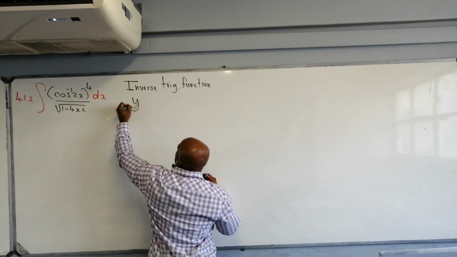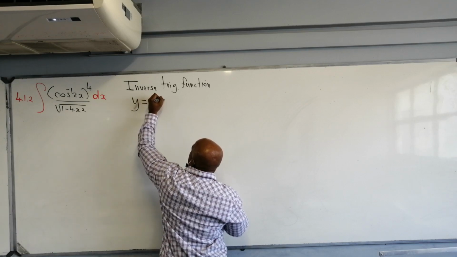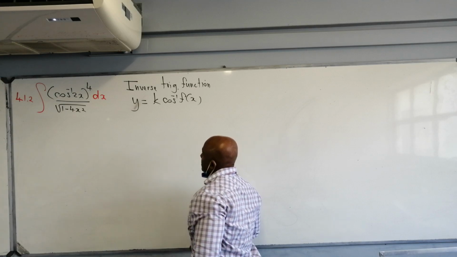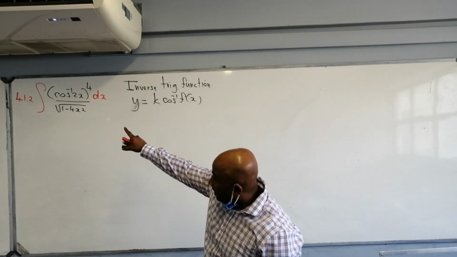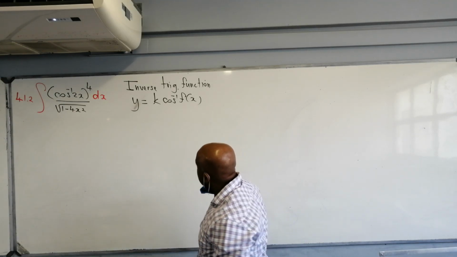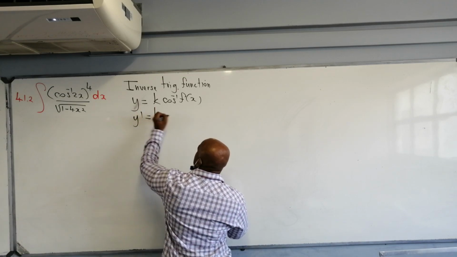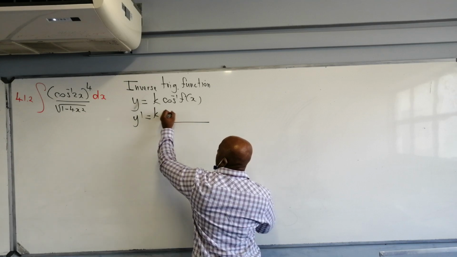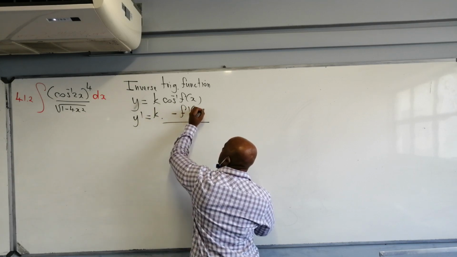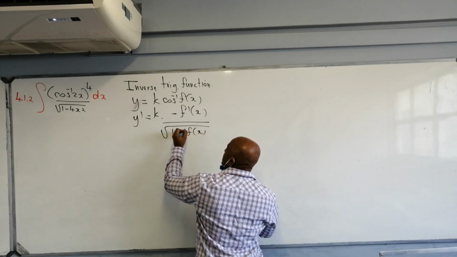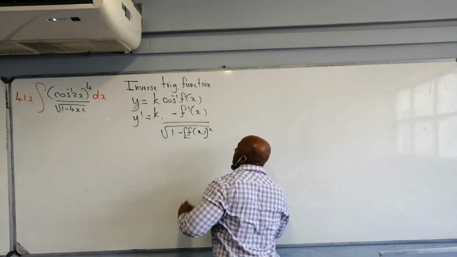Here we are dealing with y is equal to k times inverse cos f of x. Looking at that inverse cos thing, the derivative of inverse cos f of x is going to be minus f prime x all over the square root of 1 minus f of x all squared.